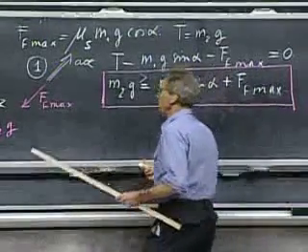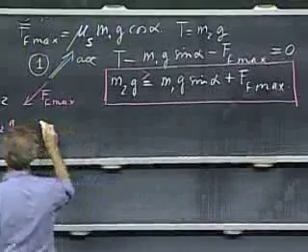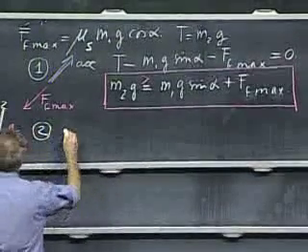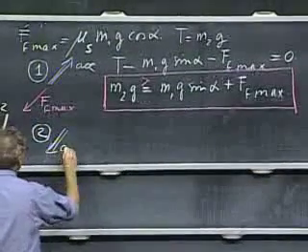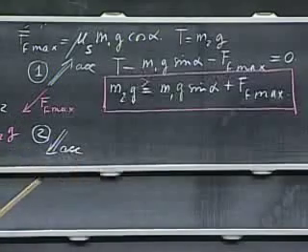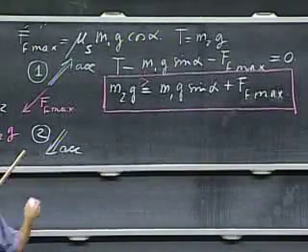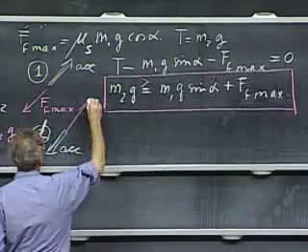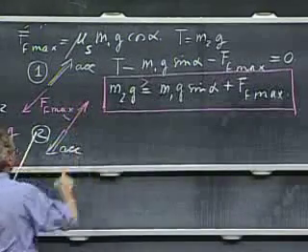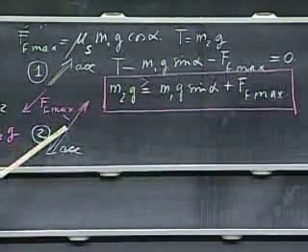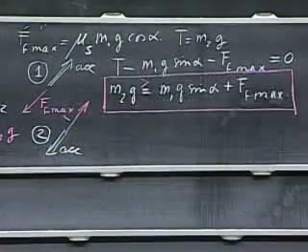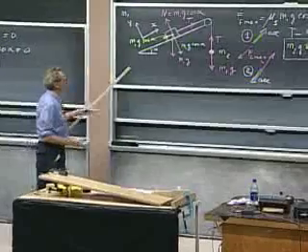Now, I look at situation 2. Now I make the assumption that the object, still standing still, is just about to start accelerating downhill. Aha! If that's the case, I know that the maximum force is now pointing upwards. The same magnitude, but it has now a different direction. So now I can write down Newton's second law.